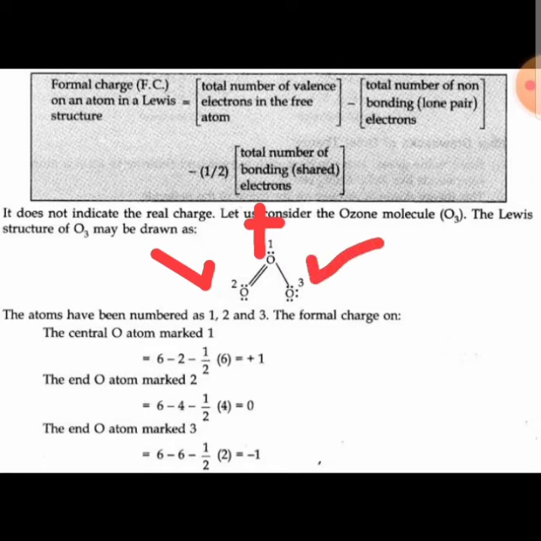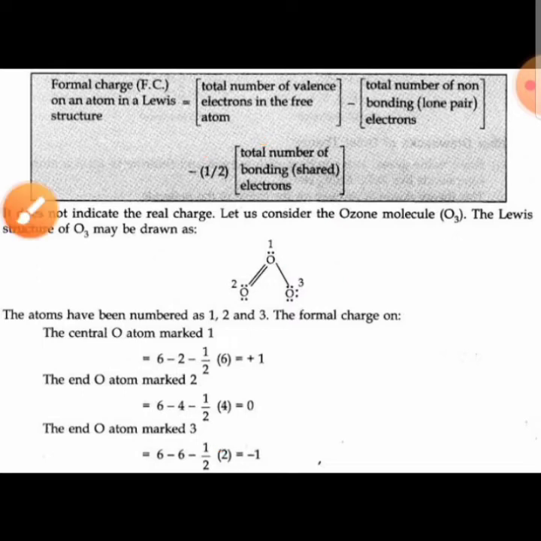Let us calculate the charge on the third oxygen. The number of valence electrons 6, minus the lone pair electrons around the third oxygen 6, minus half into the total number of bonding electrons. There is only one bond between the first and third oxygen, so one bond means 2 electrons.